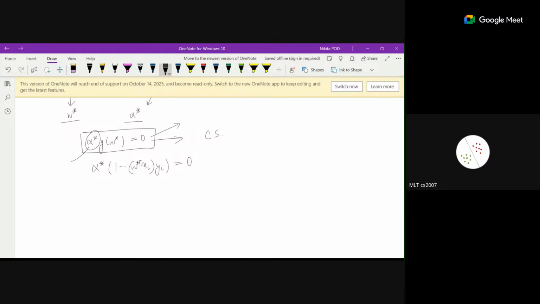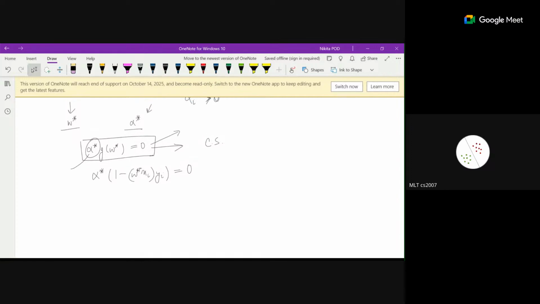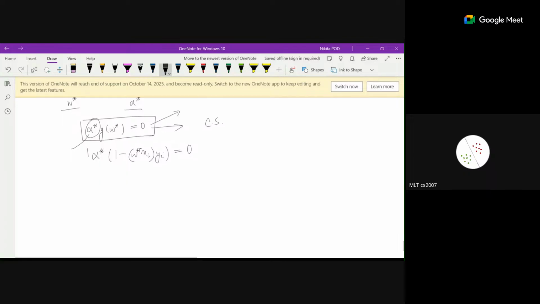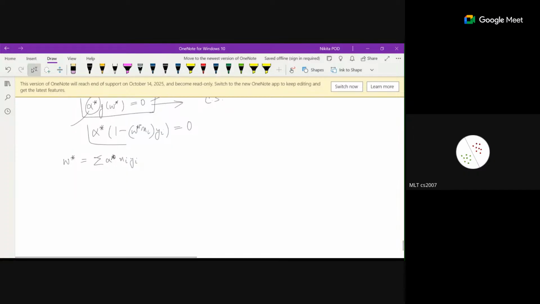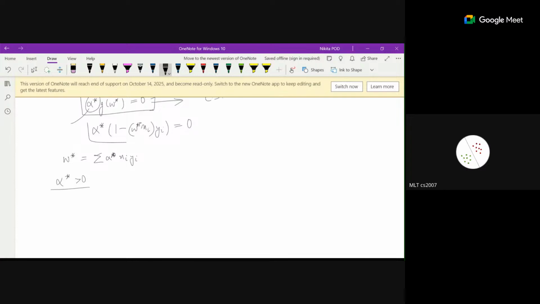So if we look at this condition and what we had seen from W star, which is W star equal to the sum over alpha star Xi by I, those alphas which are positive are the points contributing towards my W star. So we want alpha star to be positive.